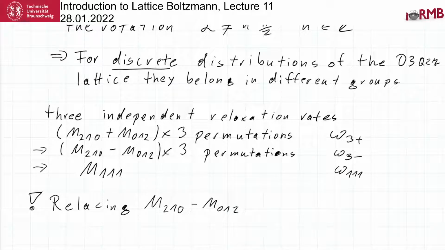However, as we discovered, this is not the case for a discrete distribution, and the reason is that the discrete distribution is anisotropic anyway. What did I write here?